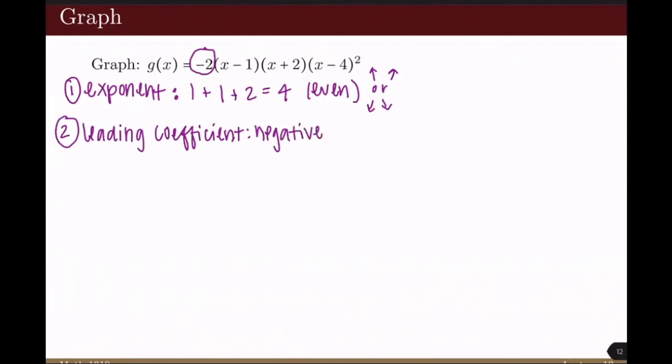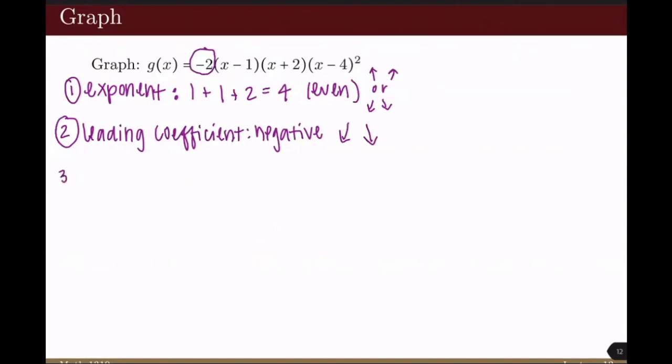Okay, so since it is a negative, that means we are going to go down and down, because only when the leading coefficient is positive do we get to go up and up. Remember parabolas, okay? Positive parabolas open up, negative parabolas open down. It's the same thing with polynomials. So even though it's exponent 4, because it's negative, it's still going to be completely downward, okay?